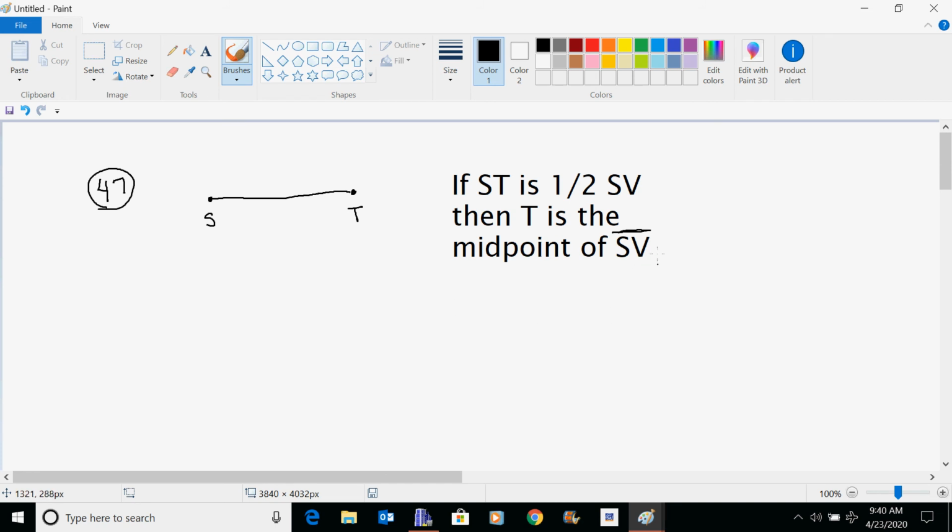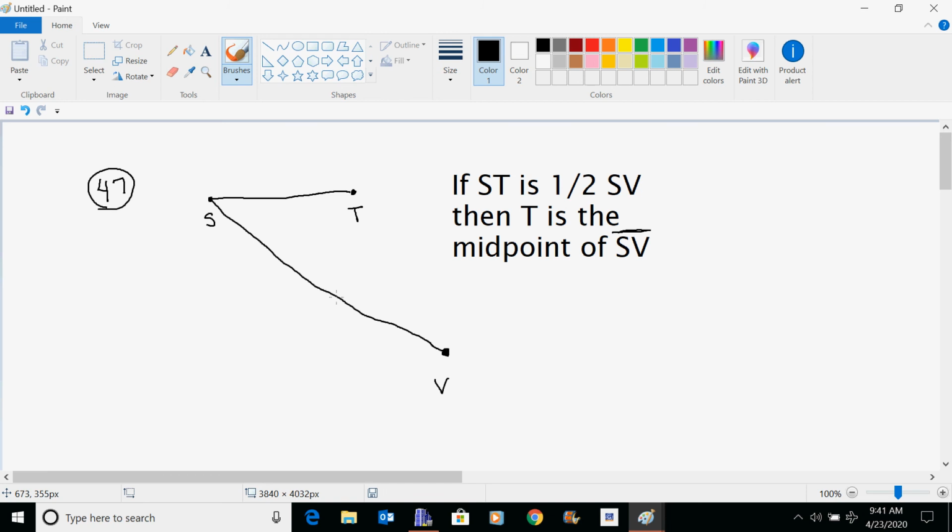So they don't tell you where V is located. One of the possibilities is you could have another V, and V could be out here somewhere. And in this case, if SV was twice as long as ST, which is half, then T is not the midpoint.